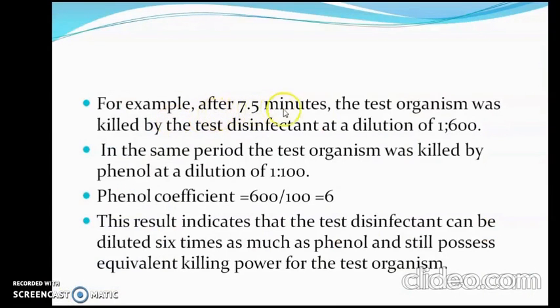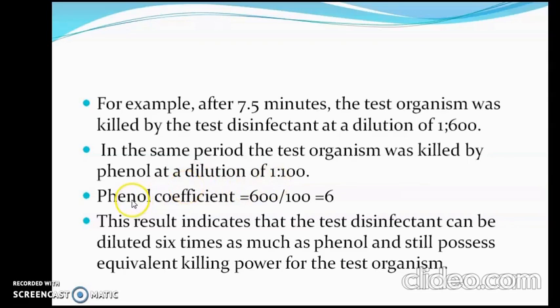After 7.5 minutes, the test organism was killed by the test disinfectant at a dilution of 1:600, and in the same period, that is at 7.5 minutes, the test organism was killed by phenol at a dilution of 1:100.